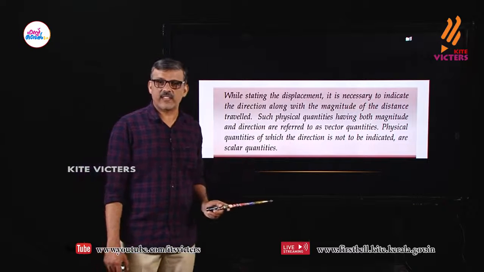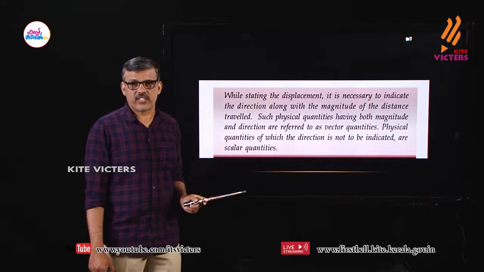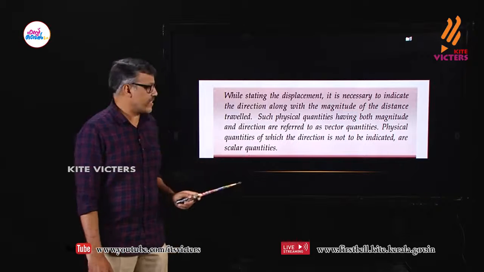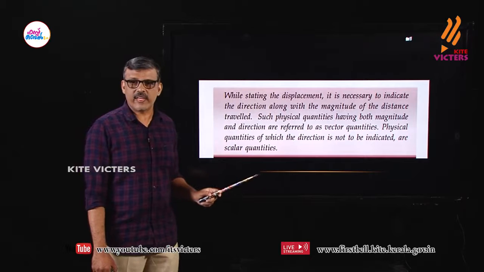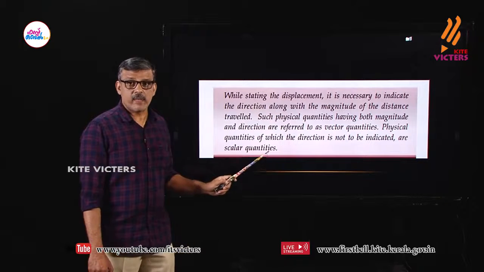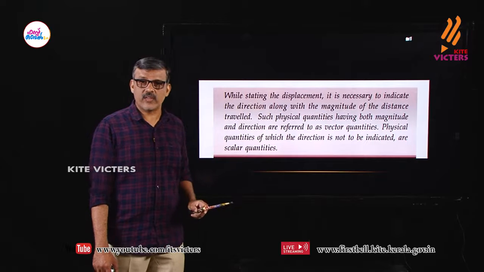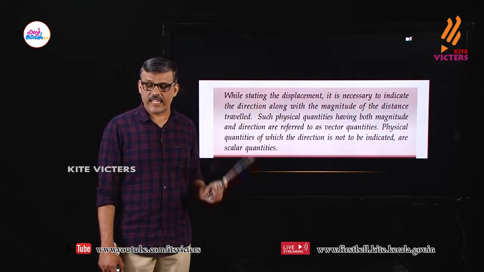For distance, only magnitude, there is no direction. So, distance is a scalar quantity. Now, what do you mean by a scalar quantity? Physical quantities having only magnitude. What do you mean by vector quantity? Having both magnitude and direction.